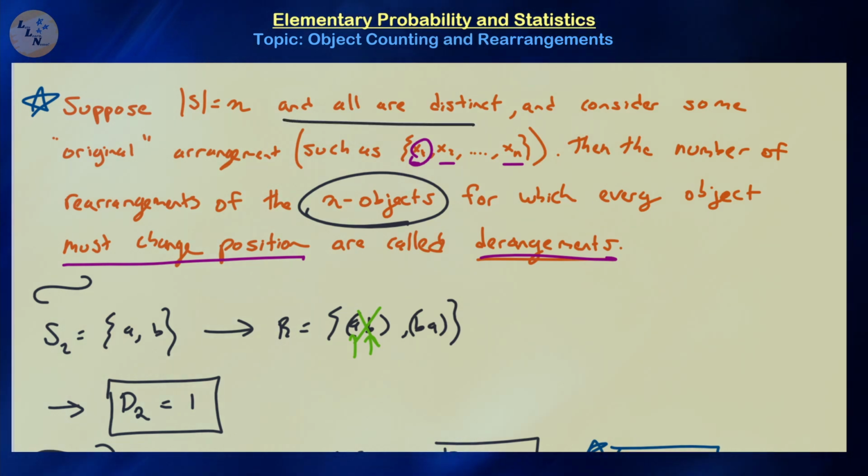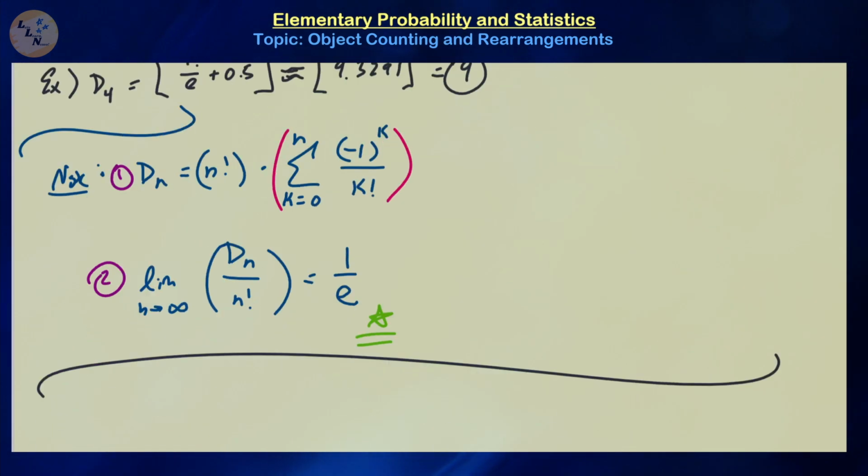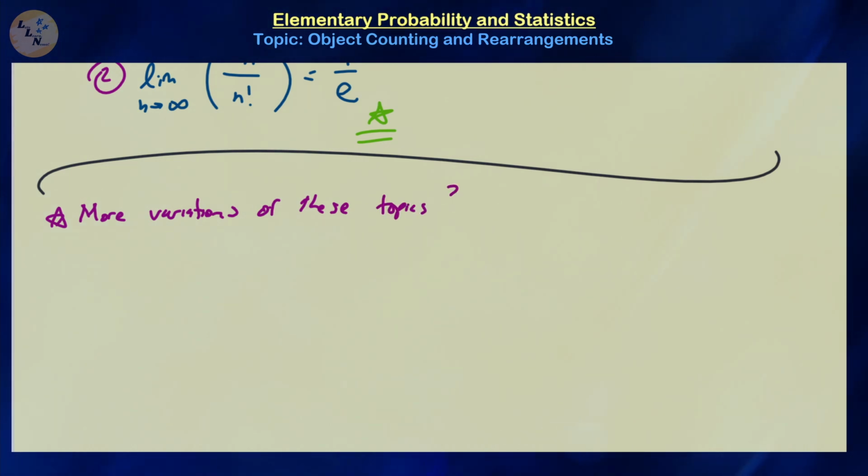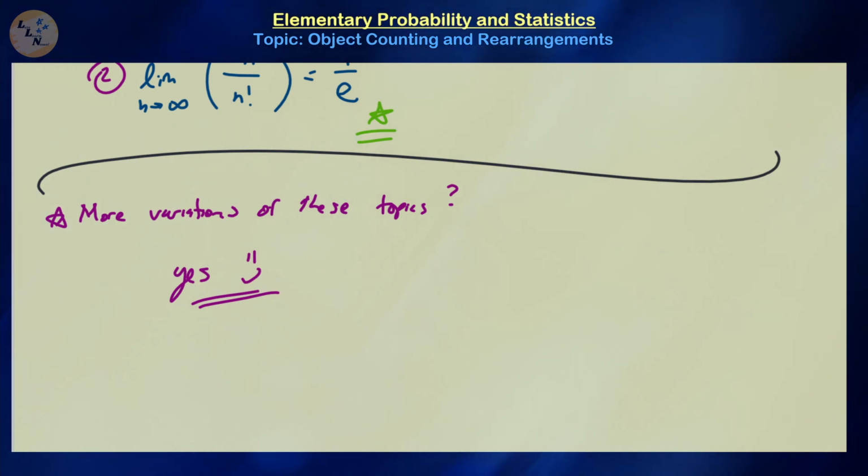Is it possible to derange a subset of objects for which there exists repetition? A very natural question is whether there are more variations of these topics. The answer is, of course, yes, but this is pretty much all we're going to need, at least in the near future.